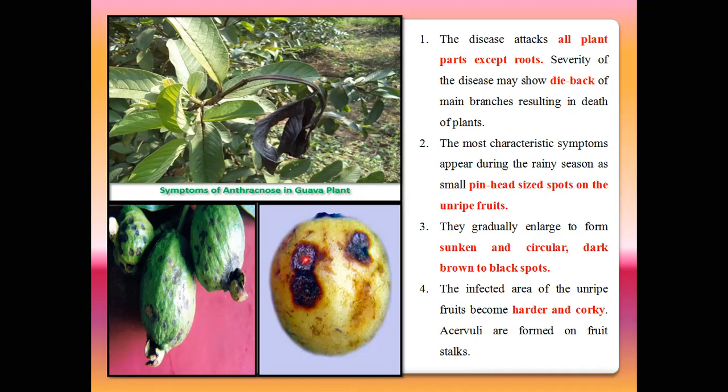Acervuli are generally produced on these sunken blackish lesions, on unripe or ripe fruits. So these are the symptoms developed on the shoot portion, leaf portion, unripe fruits and ripe fruits.